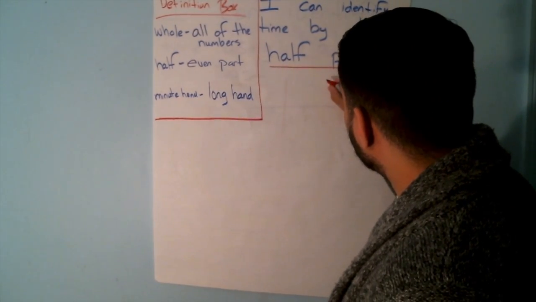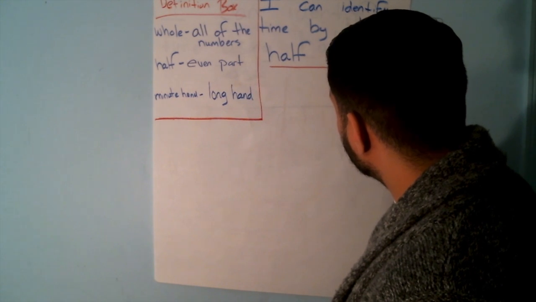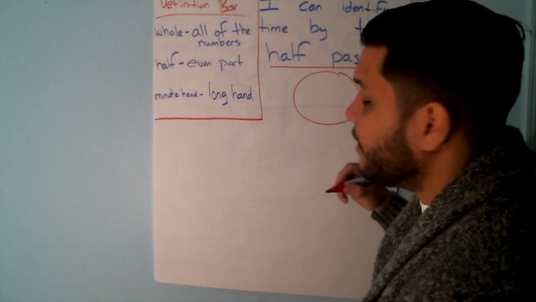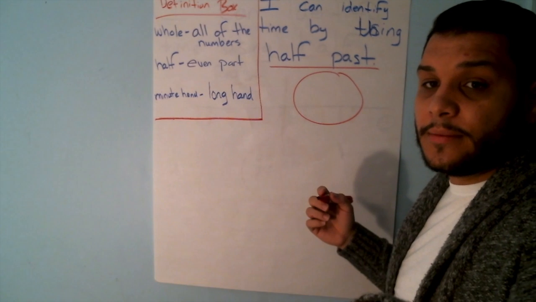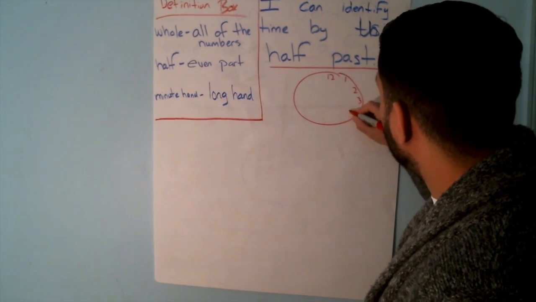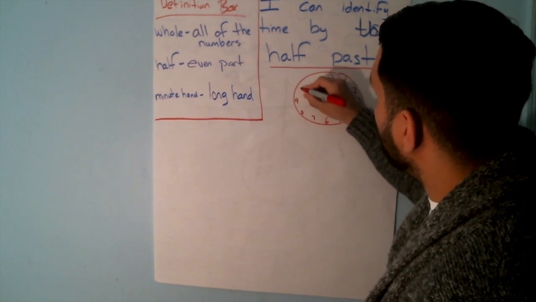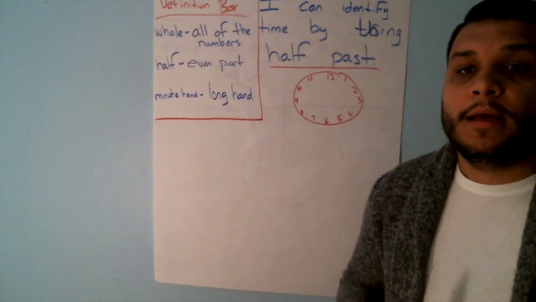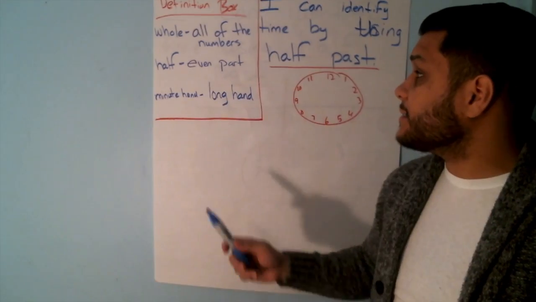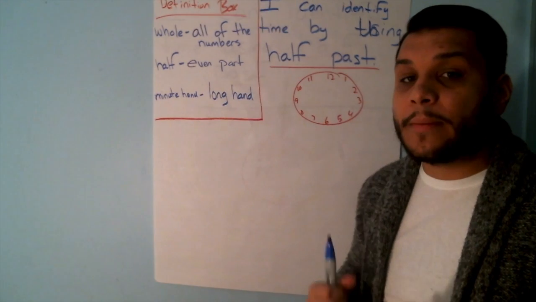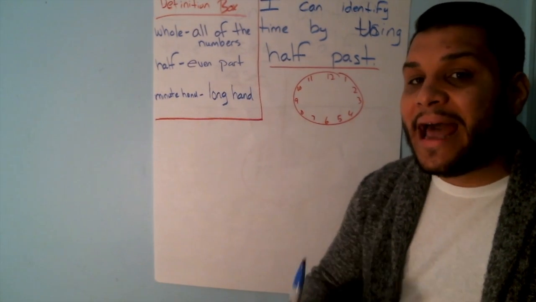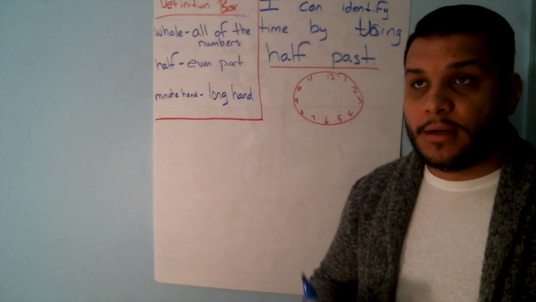So here I'm going to put a little miniature clock, and we'll fill in our time very quickly. 12, 1, 2, 3, 4, 5, 6, 7, 8, 9, 10, 11. Now, if we look at our definition box, we have the word half and we have the word minute hand. I want half of 12. Let's think.